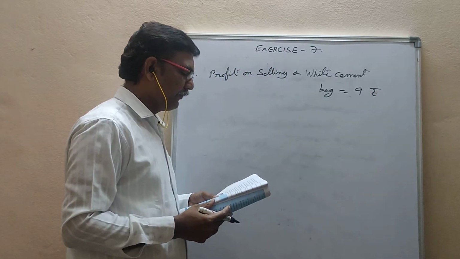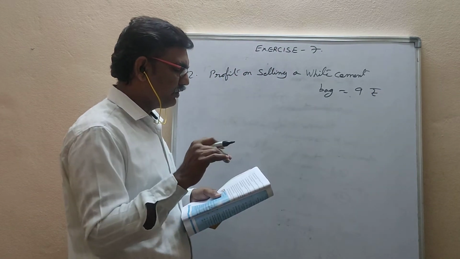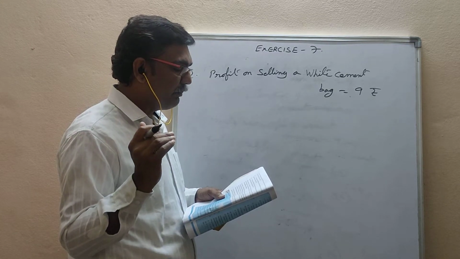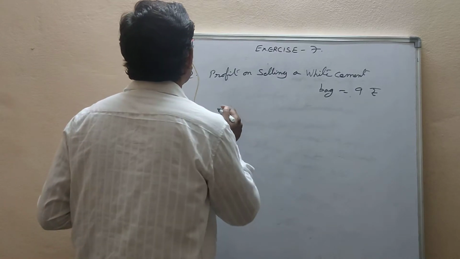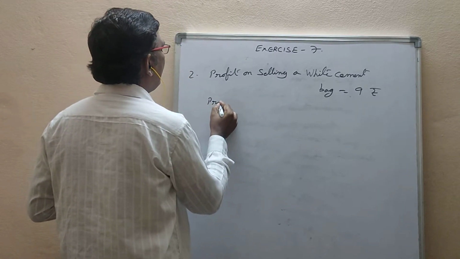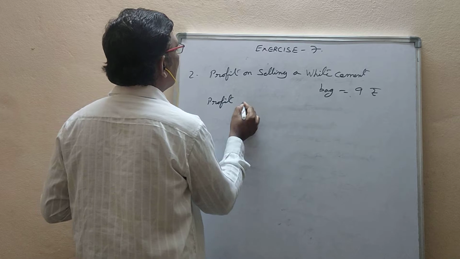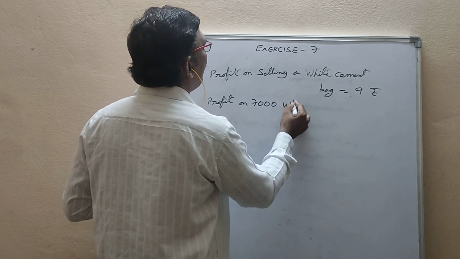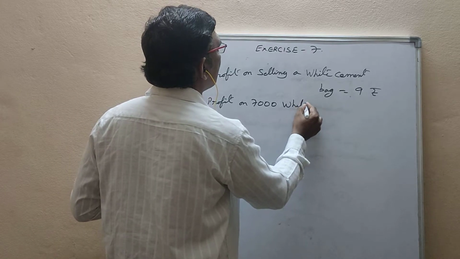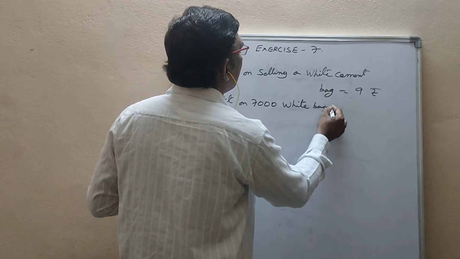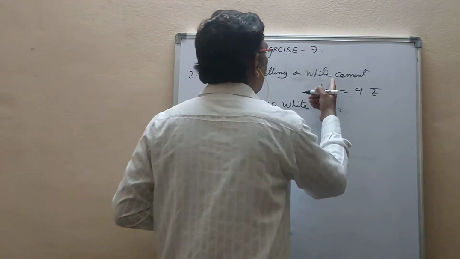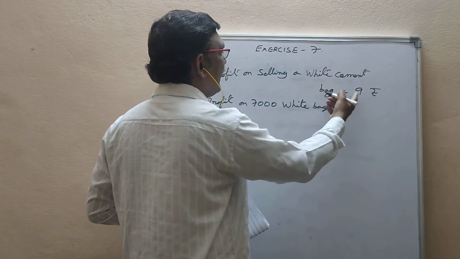Okay. So the first question, if you see, says the company sells 7,000 bags of white cement. So profit on 7,000 white bags. If he sold white bags, how many? 7,000. For one white cement bag, 9 rupees profit.